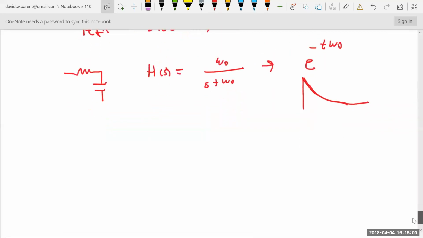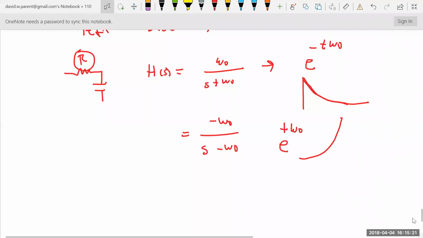Now it's true, there are systems where I can kind of fake a negative resistance. So if I had minus, the inverse Laplace of that is e to the plus t omega naught, which is exponential increase, which means it just keeps going on forever.